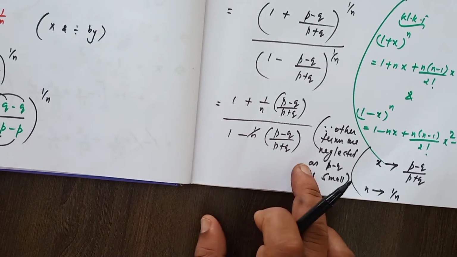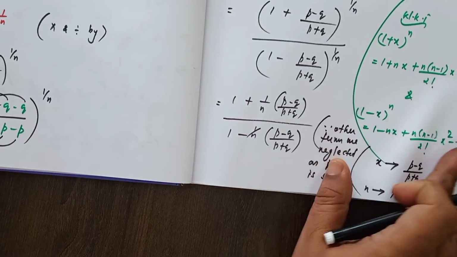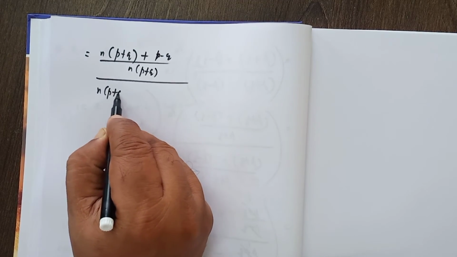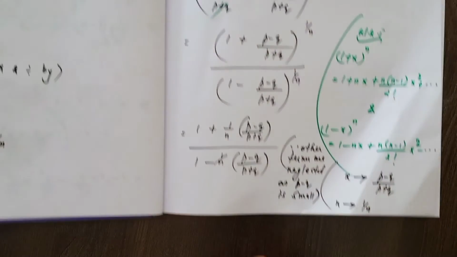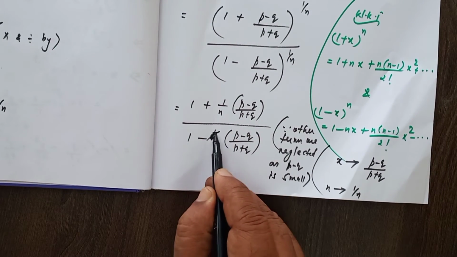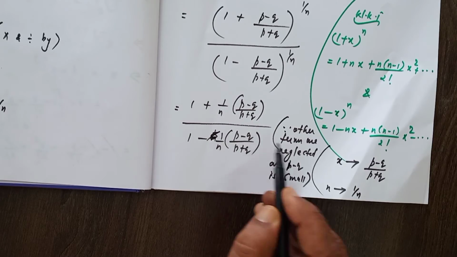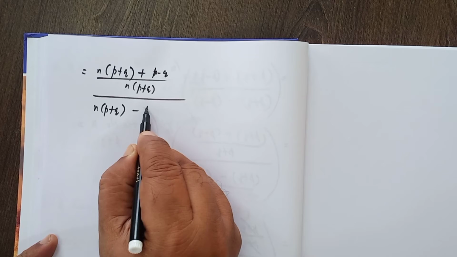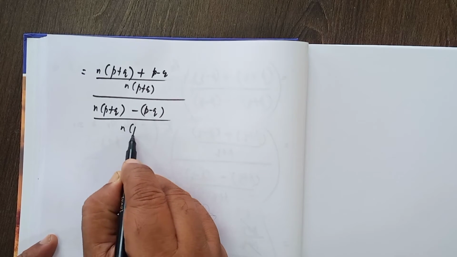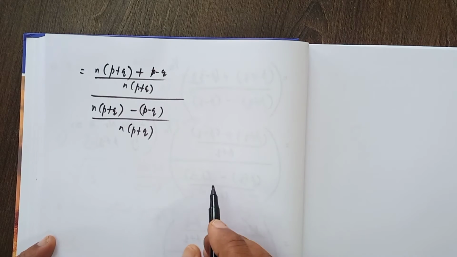So 1 into n into p plus q, that is n into p plus q, minus 1 into p minus q, this is 1 by n. 1 into p minus q, that is p minus q, minus of p minus q, divided by n into p plus q.